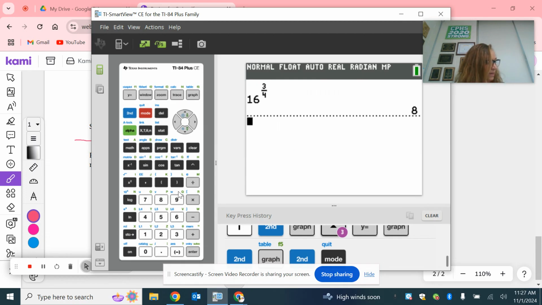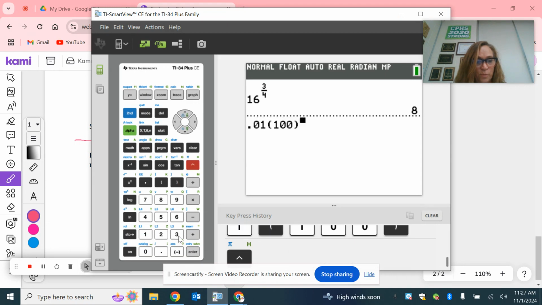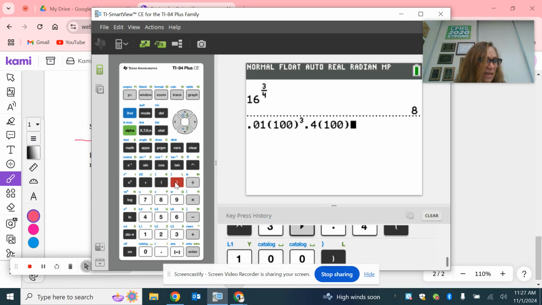So basically you just type what you're given, and it's 0.01. I'm substituting in the number 100. I'm cubing that. And then it's 0.4. I'm substituting in the number 100. And then that's being squared.